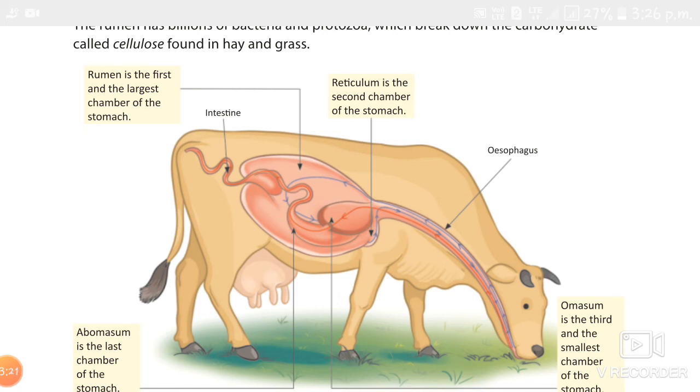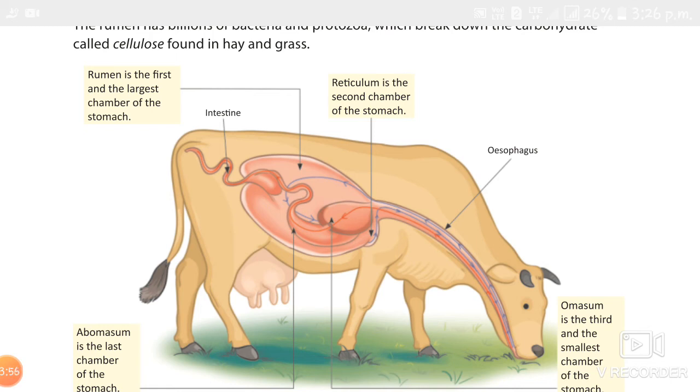The third stage we studied is absorption. What is absorption? The uptake of the soluble substances produced during digestion by the tissues in the body is called absorption. The fourth stage is assimilation.